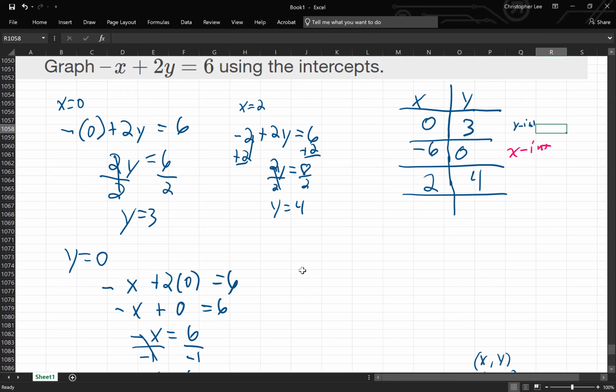Why did we choose that? No, that was automatic. So for X-intercepts and Y-intercepts, they're gonna have zeros all the time. Right? But for the random choice, whatever you want. No pressure.